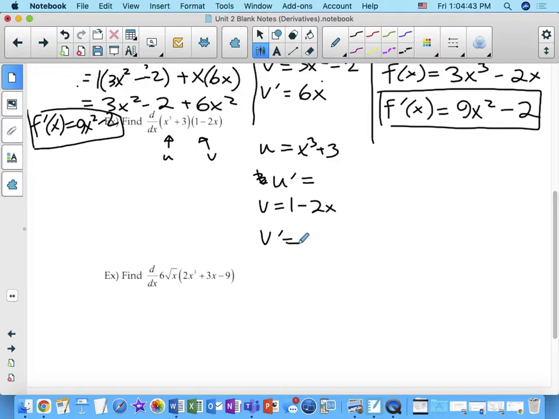So here u prime would be 3x squared, and v prime is negative 2.